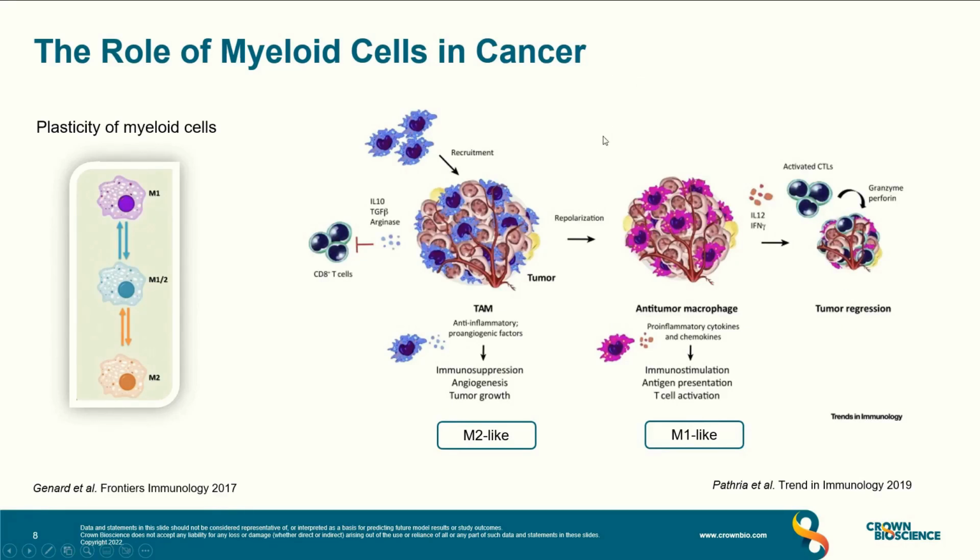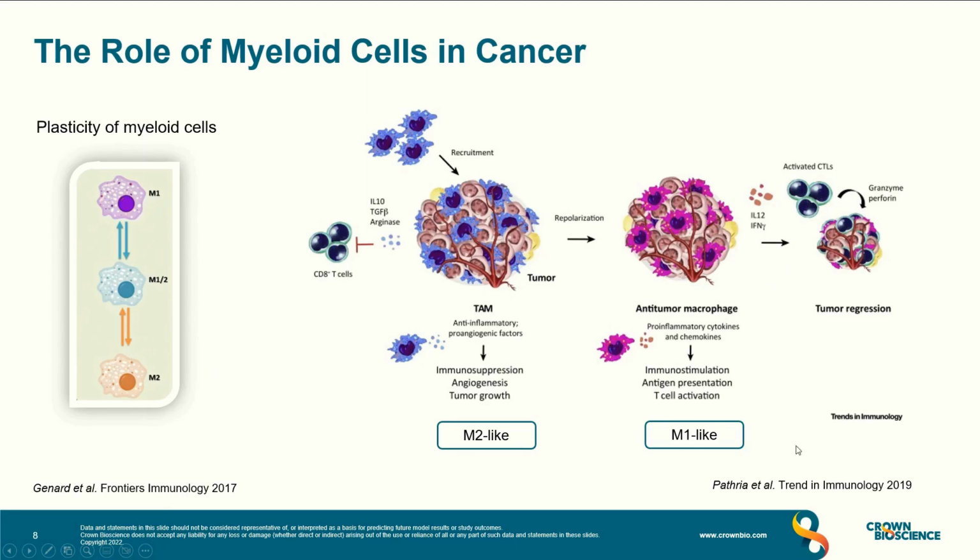Especially macrophages have been notoriously known to be involved in tumor progression. There are different polarizations of this subtype. So we have M1 macrophages, an in-between phenotype, and M2 macrophages. The M2-like macrophages are also known as tumor-associated macrophages and are known to have pro-tumorigenic effects like immune suppression, stimulating angiogenesis, and facilitating tumor growth.